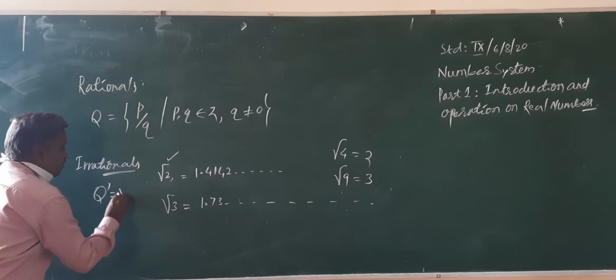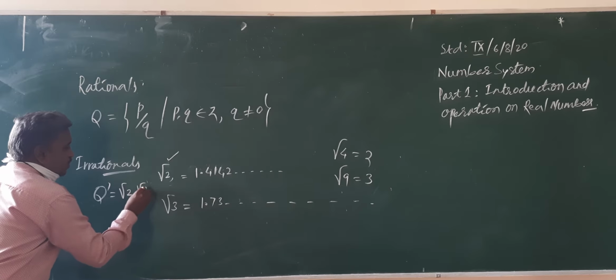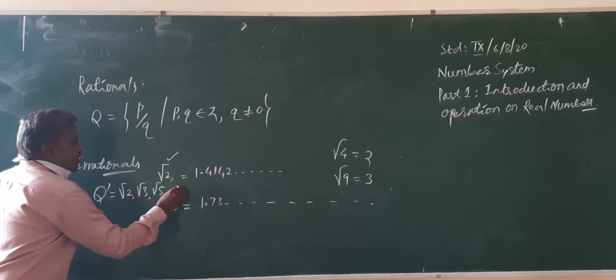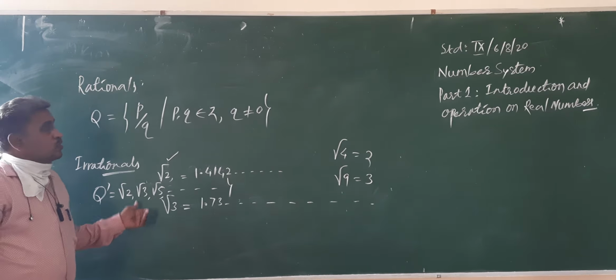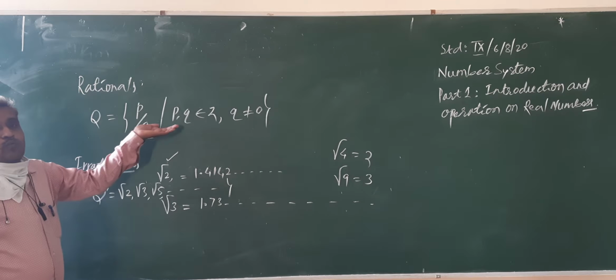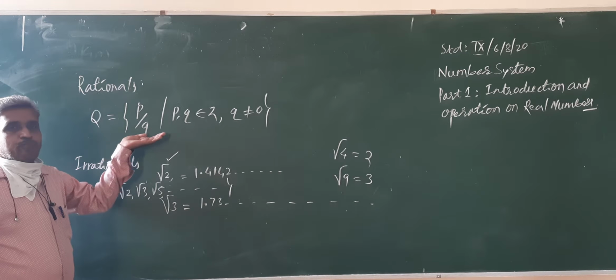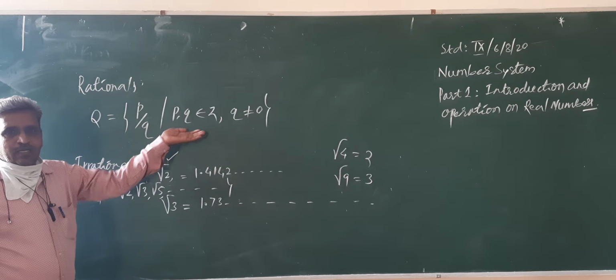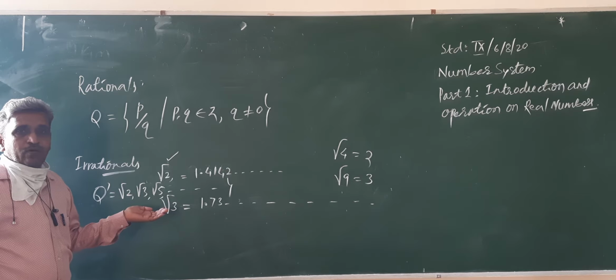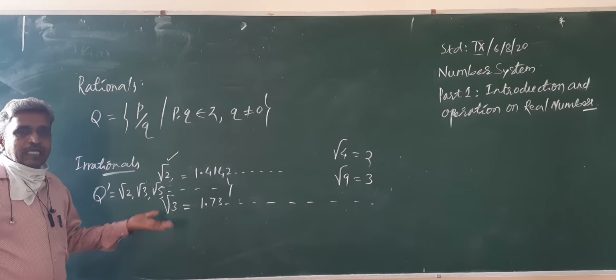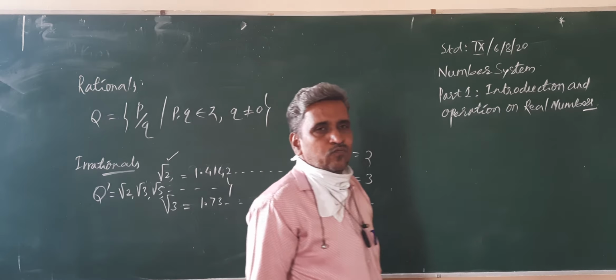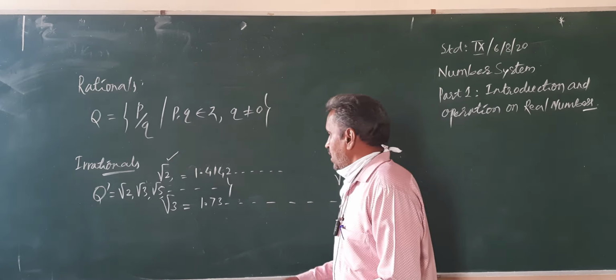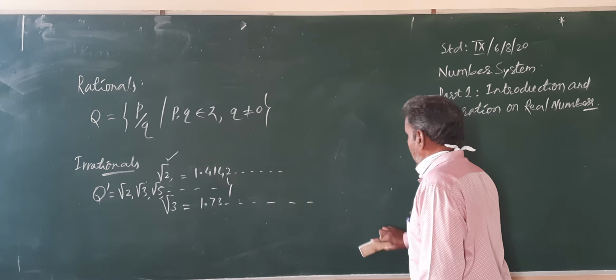So you can say root 2, root 3, root 5 and so on, these are irrational numbers, which cannot be put in the form of p by q where p and q are integers. So once again I want to remind you that non-recurring, non-terminating decimals are said to be the set of irrationals, denoted by Q dash.